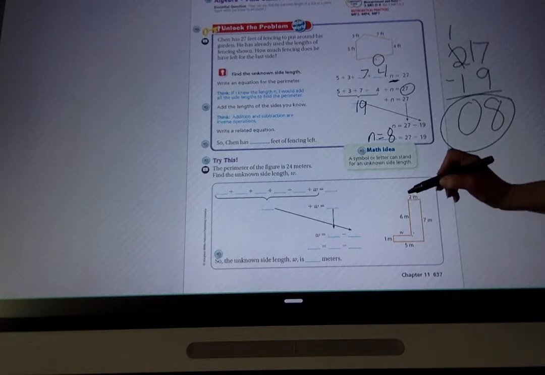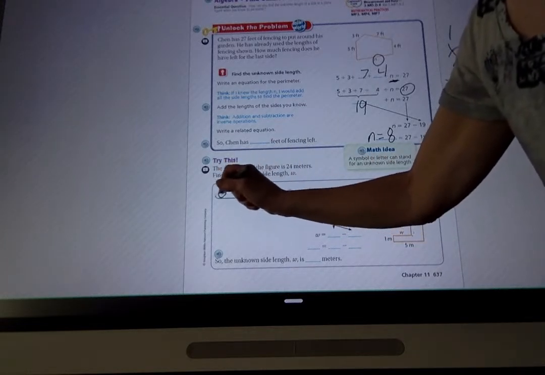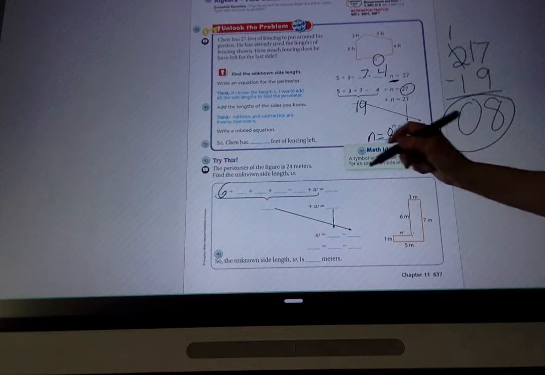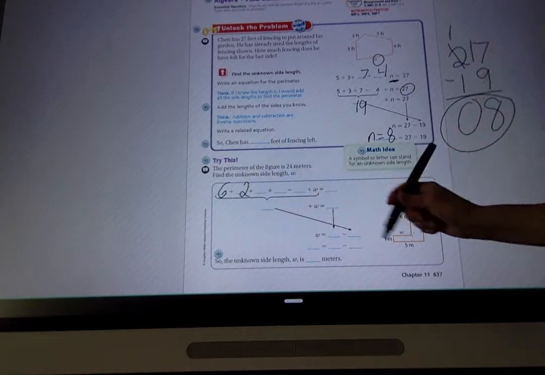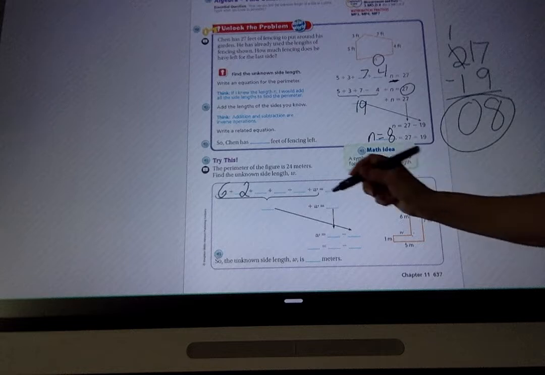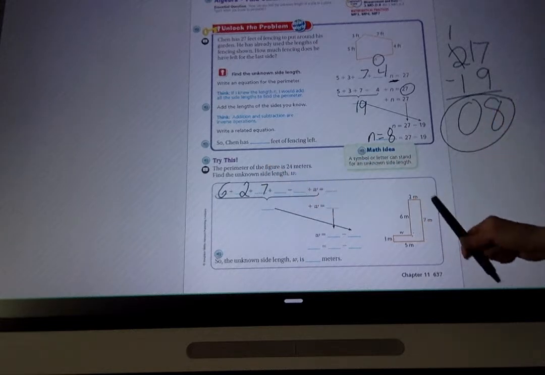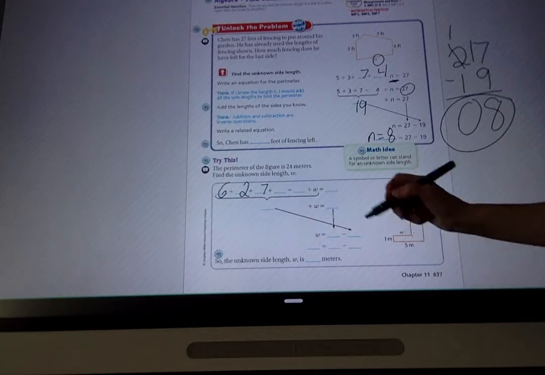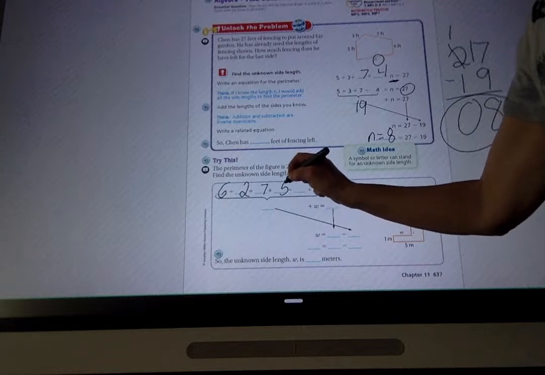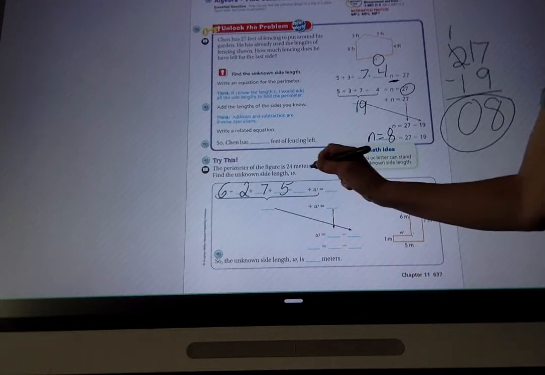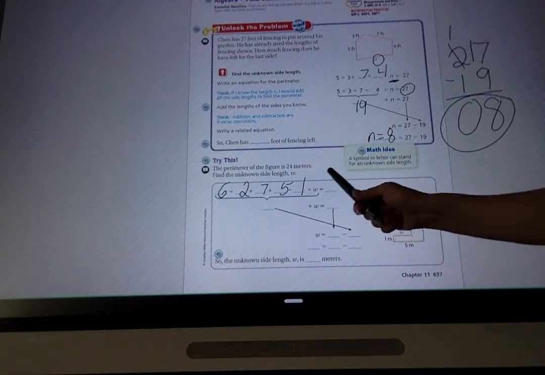So from here to here is 6 plus 2 plus 7 plus 5 plus 1 plus W.